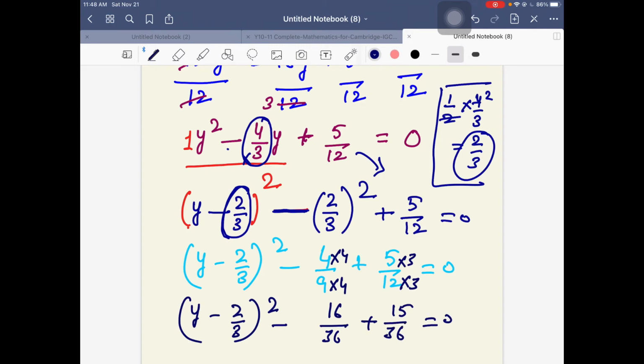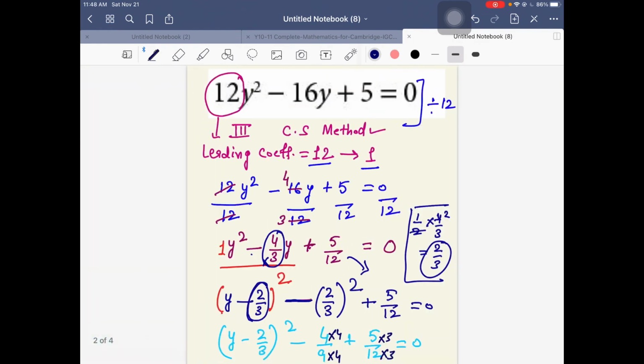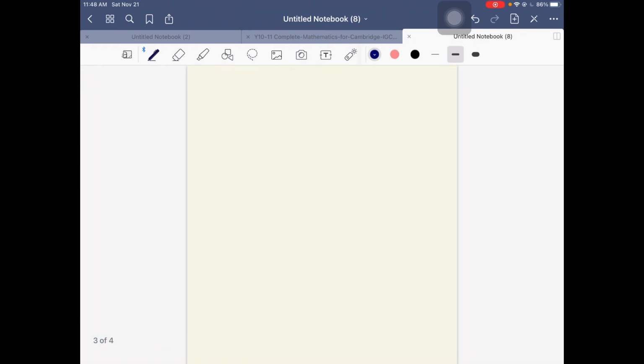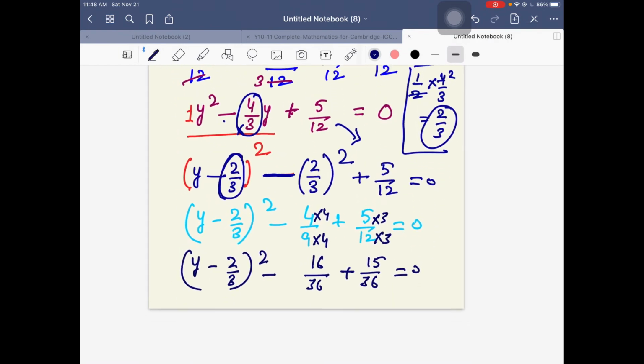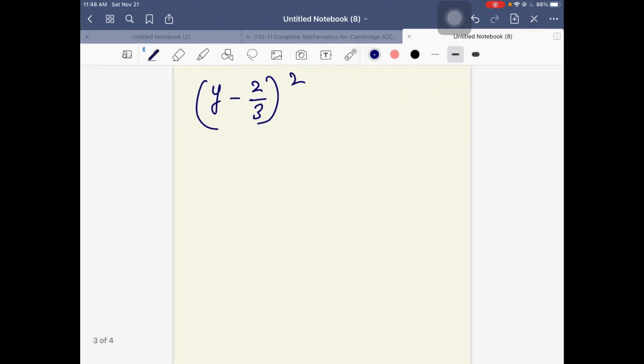Now this is minus 16 by 36 plus 15 by 36. Let's move to the next page. So this is y minus 2 by 3 whole squared. Here, minus 16 plus 15 is minus 1 by 36. So this is minus 1 by 36 equal to 0.